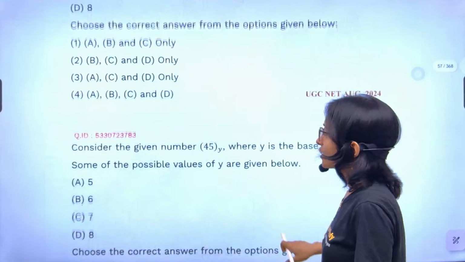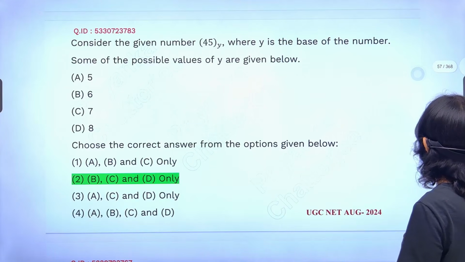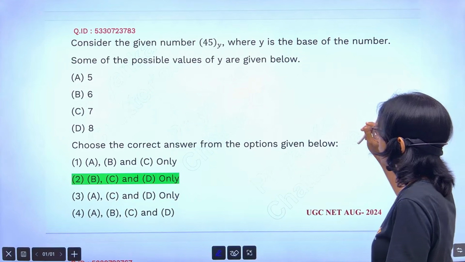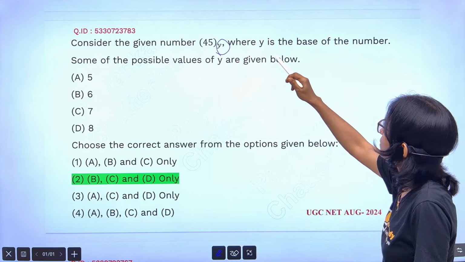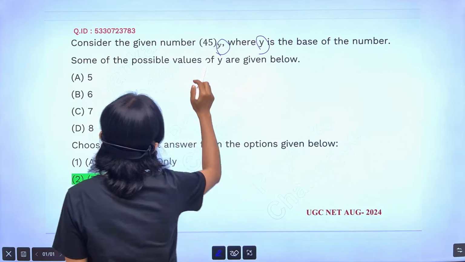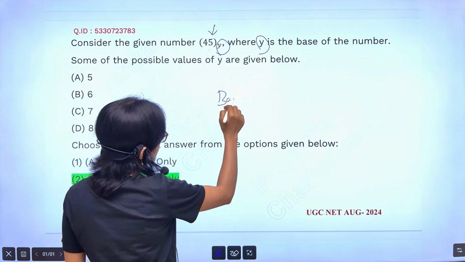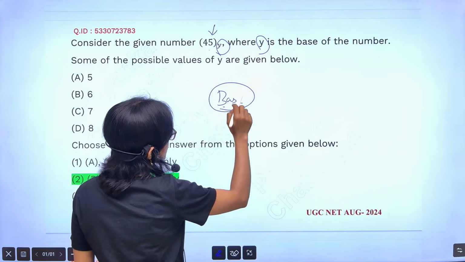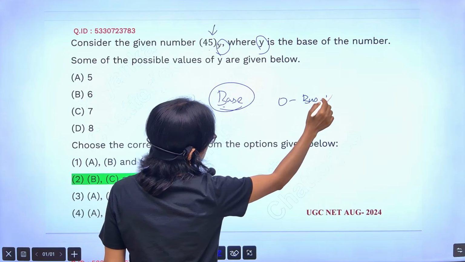How? This is the basic concept of base, the number system base. Here it is given y and it is asking what will be the possible value of y. Base means whatever number, the highest digit present matters. Whatever the base is, the digits range from 0 to base minus 1.